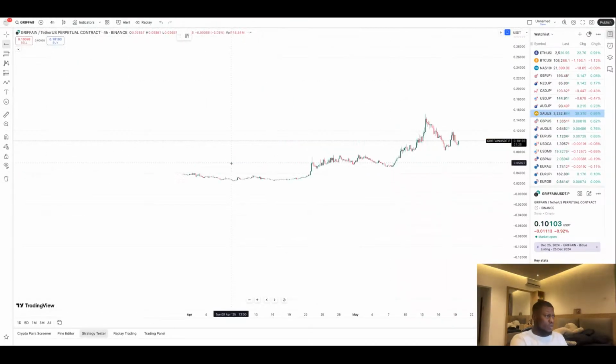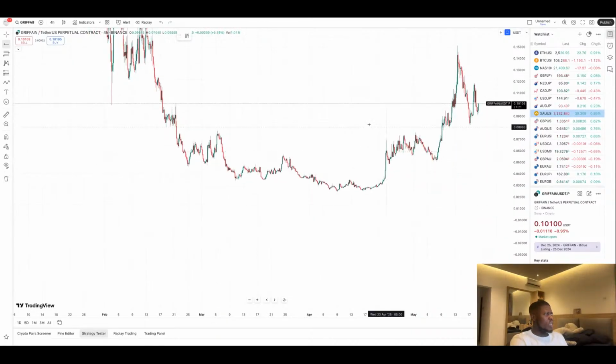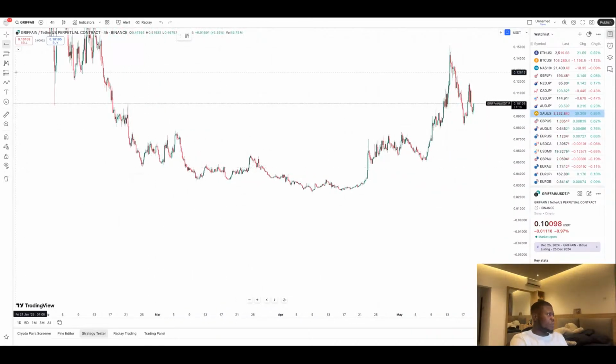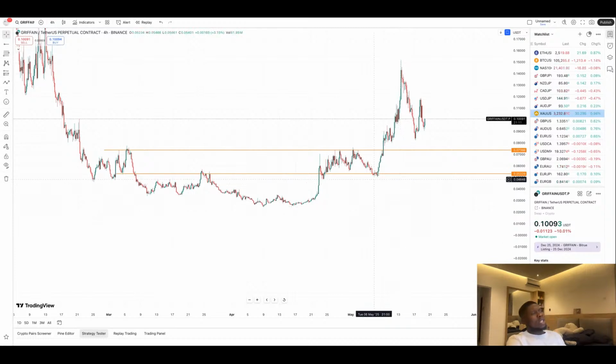I see. Is there something to trade? Okay, let me see if this made the complete cycle. Oh, okay. So currently, graphene is in an uptrend using this cycle.